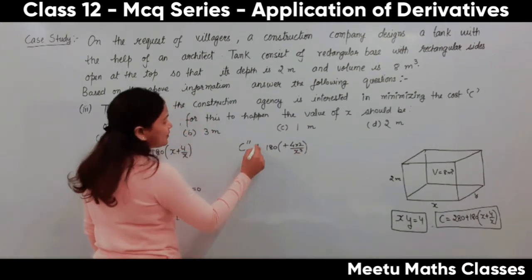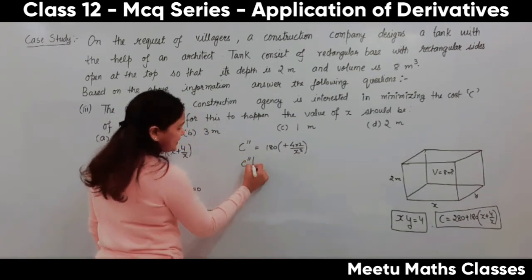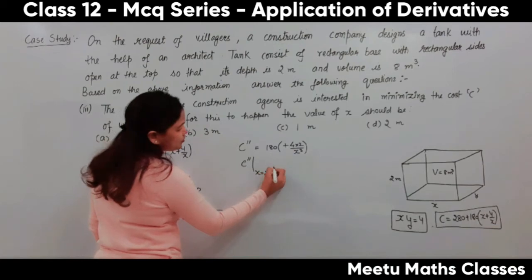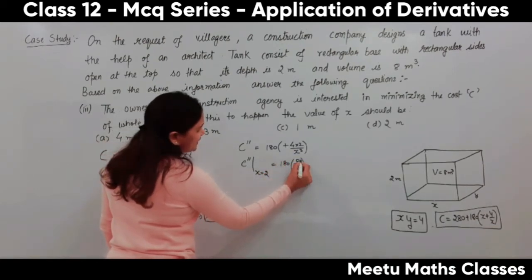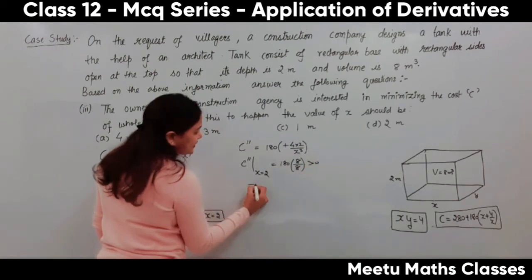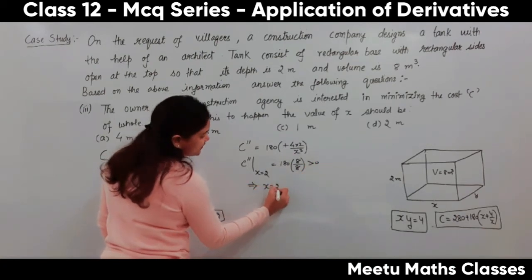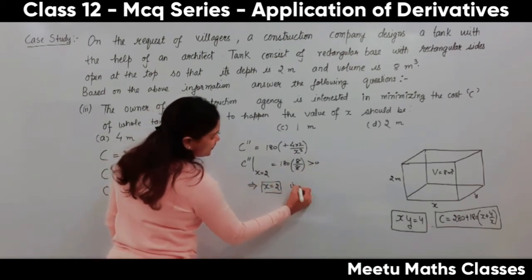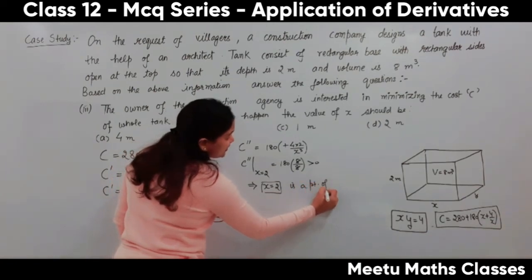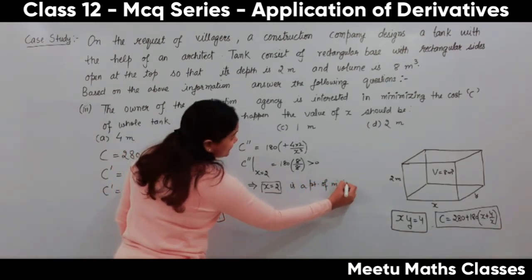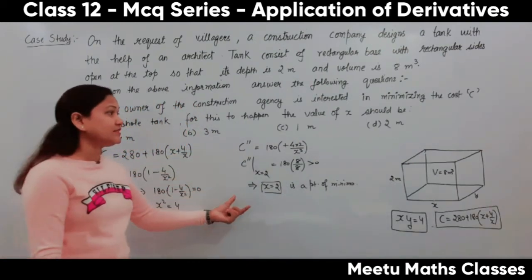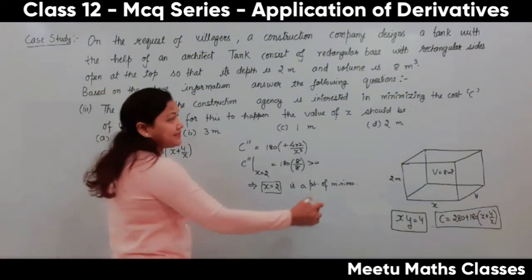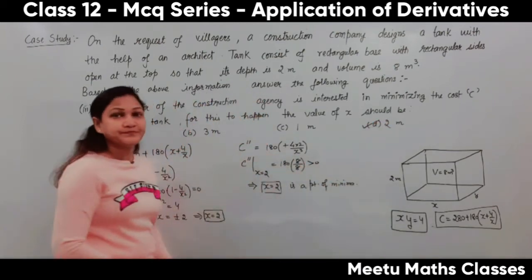For this, your second derivative at x equals 2 is 8 upon 8, that is positive. That implies that x equals 2 is a point of minima, and we can say the construction cost is minimum when x equals 2. So your option D is correct.